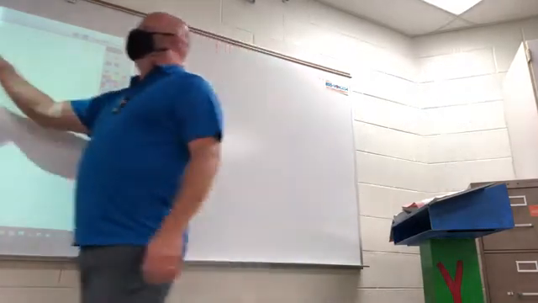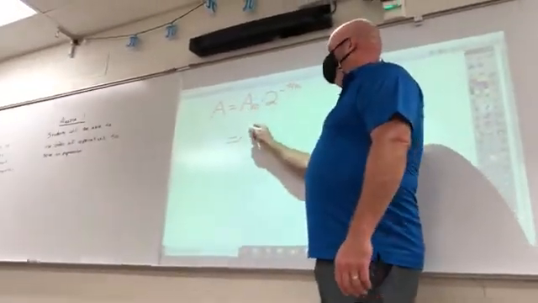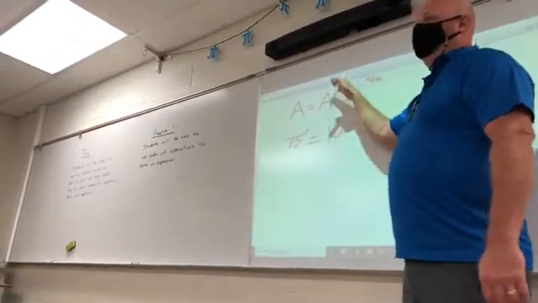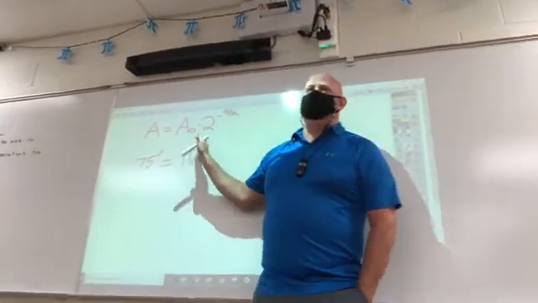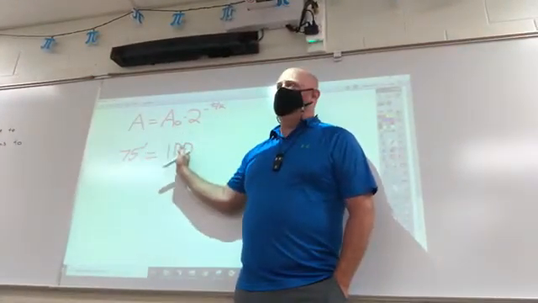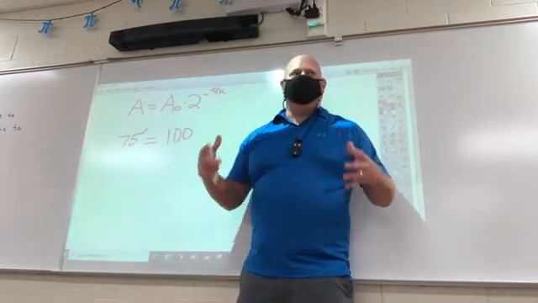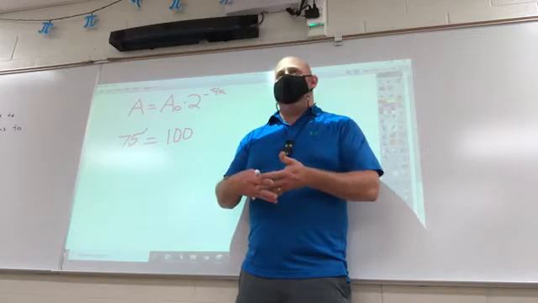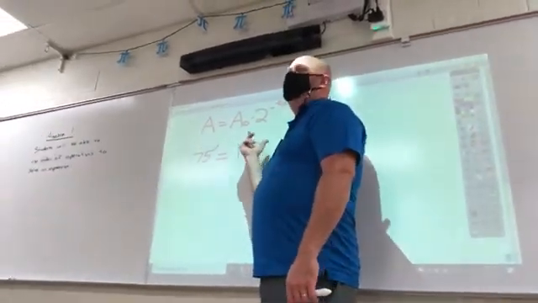So just remember when you solve this, the original number always has to be the bigger of the two numbers. Why? What's happening to these isotopes? They're decaying, they're going away, right? So just remember the original is always going to end up being the bigger number.